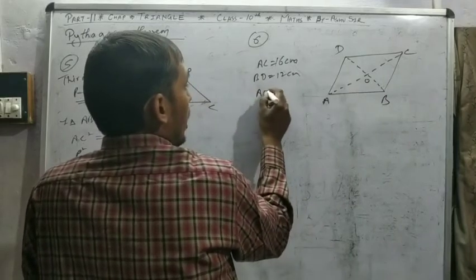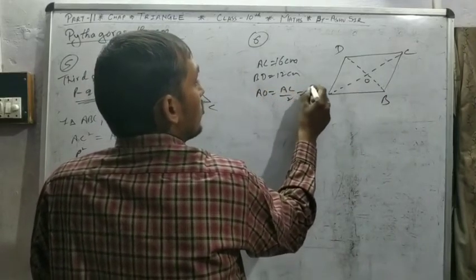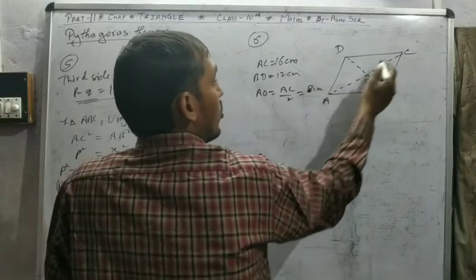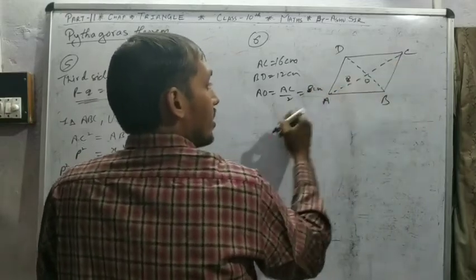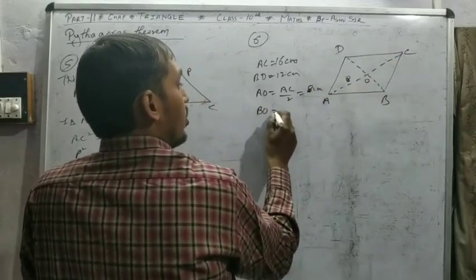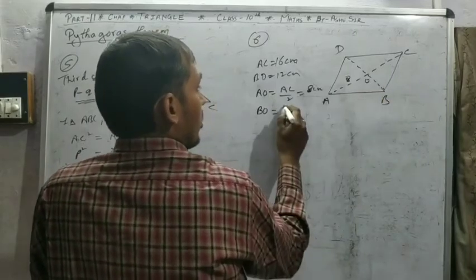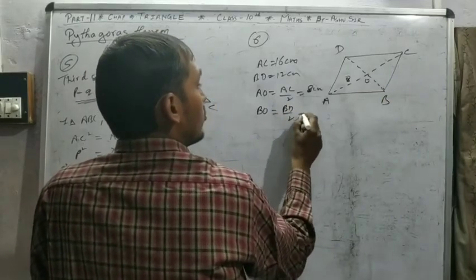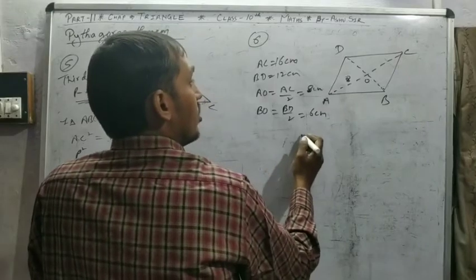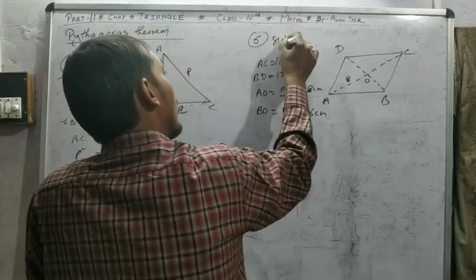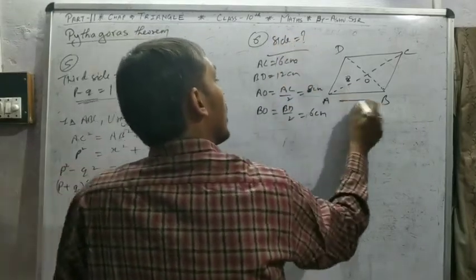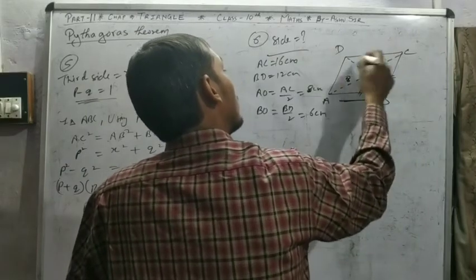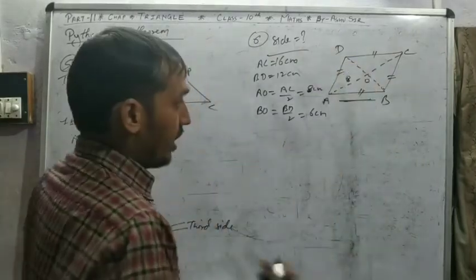So you know AO is equal to AC by 2, 8 cm. Whole 16, so half part 8. BO, half part of BD, BD by 2, 6 cm. Find the length of the side of the rhombus. Means AB is equal to BC is equal to DC is equal to AD. Find any one.